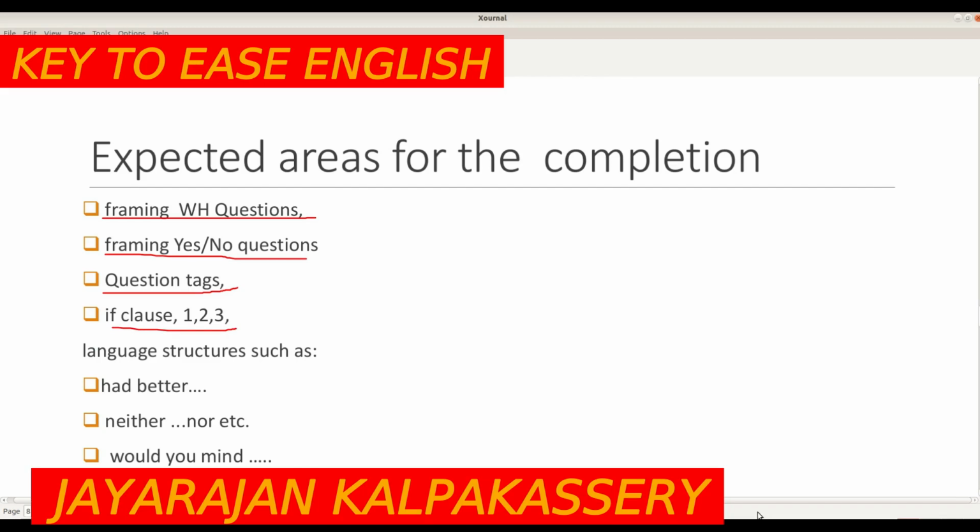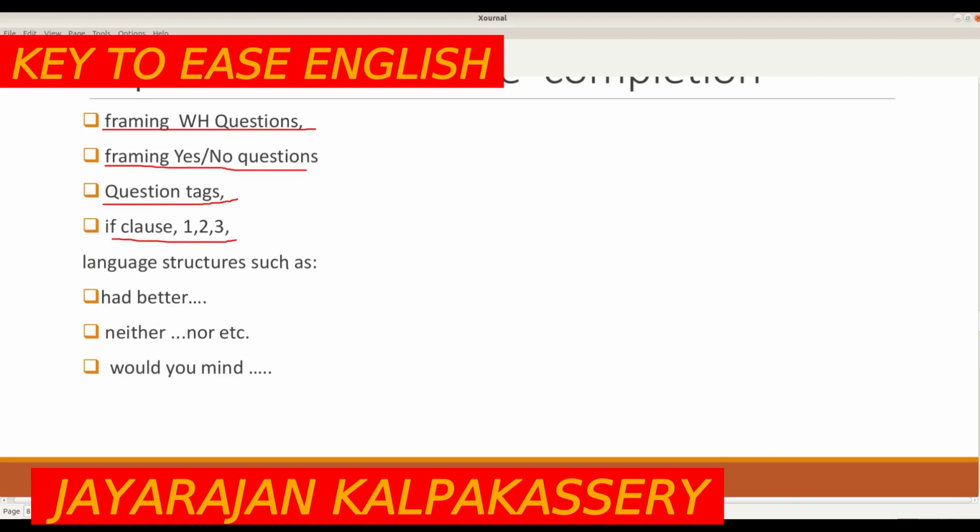If it is present tense, we'll use may, can, do and all these things. And if it is second verb past tense, then we will write would or could or might. And if have or had is coming, then would have will be the form, could have, might have. This also you are familiar with.